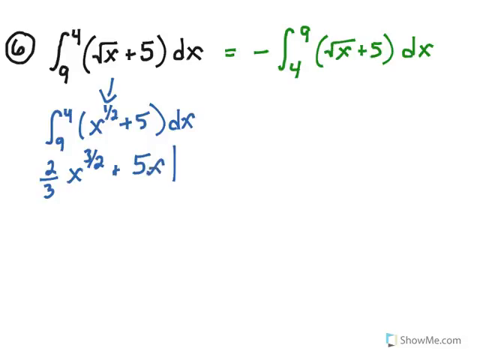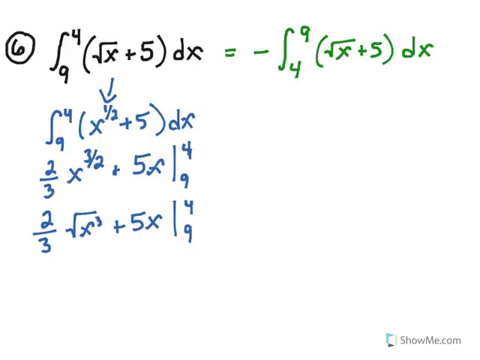And we're evaluating that from 9 to 4. Because we're going to be plugging numbers in, it might be easier if we write this x to the 3/2 as a radical. So this is 2/3 times the square root of x cubed, and then plus 5x.